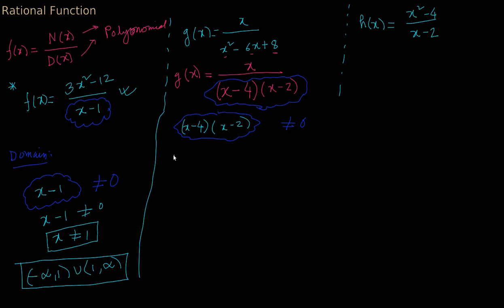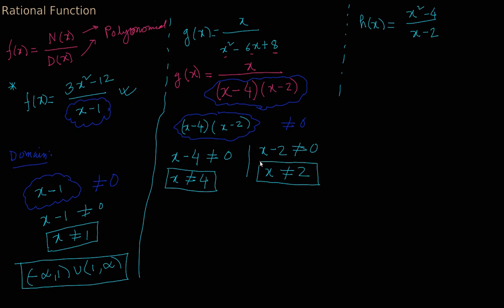Individually, x minus 4 cannot be equal to 0, and x minus 2 also cannot be equal to 0. So x cannot be equal to 4, and x cannot be equal to 2. This is the domain in this way of writing.